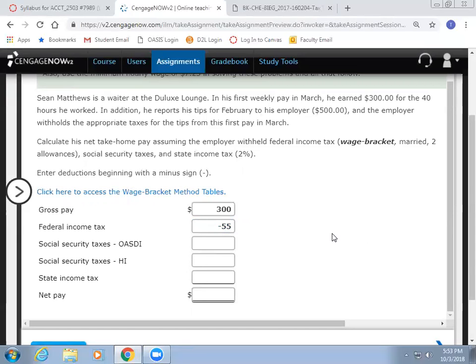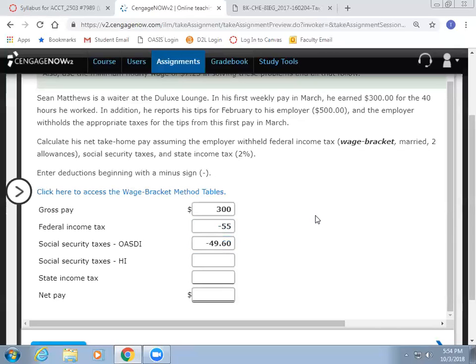And then we're going to calculate the rest of his taxes like we did last chapter. So for OASDI, we're taking $800 of taxable income times 6.2%. So what is his withholding for Social Security? $49.60, yeah.